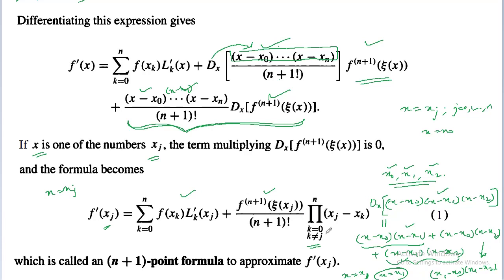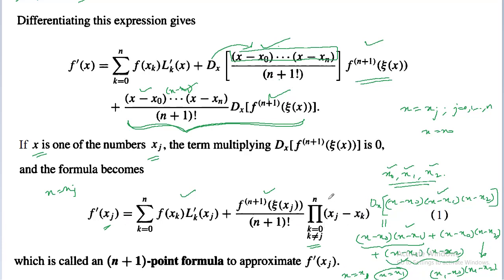That is what this is, when k equal to 0 to n. Here n equal to 2. If you are choosing these points only, we have k equal to 0 to 2, and for f dash of xj, xj is actually x1 here. So x1 minus x.